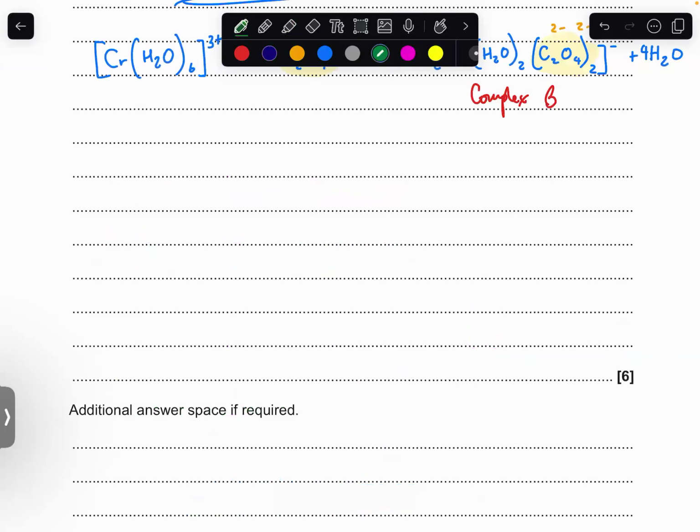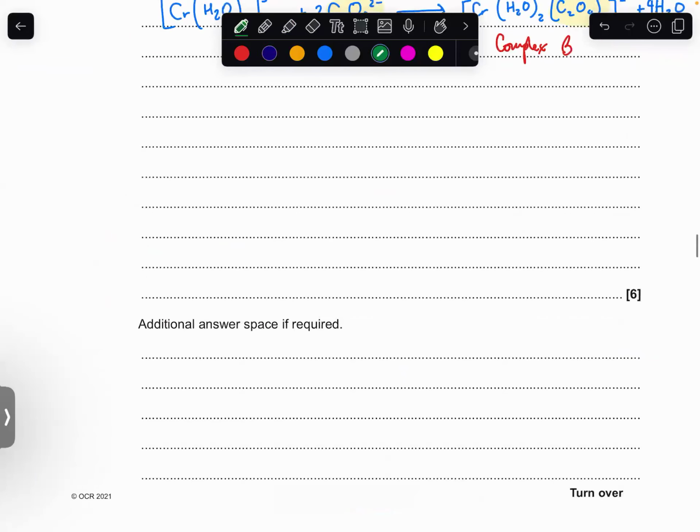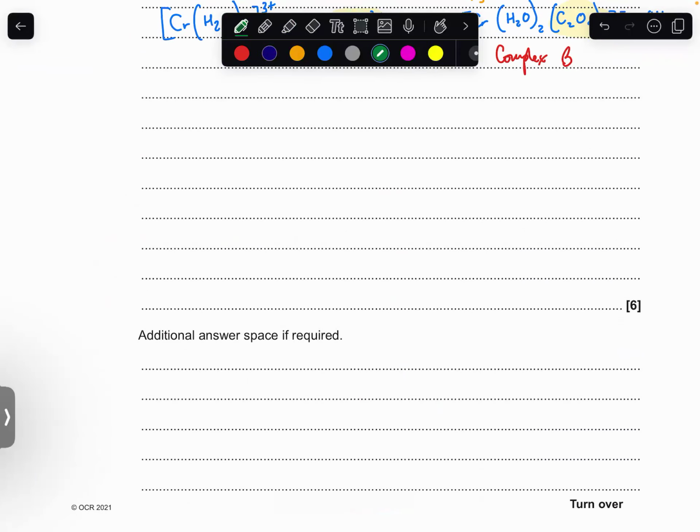You've got 3 of them. Before we even start this, what we can do is draw the framework for the 3 complexes. It's a nice drawing exercise.